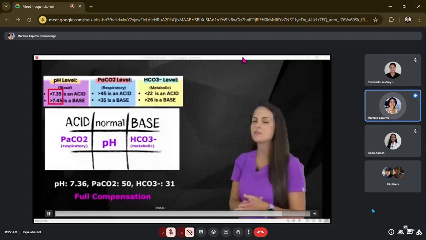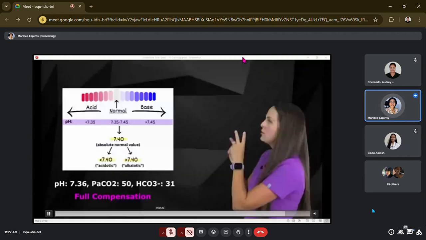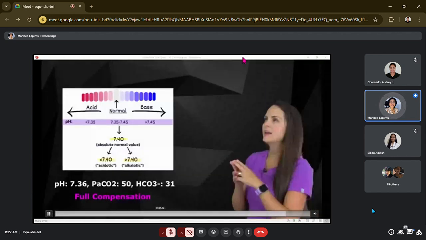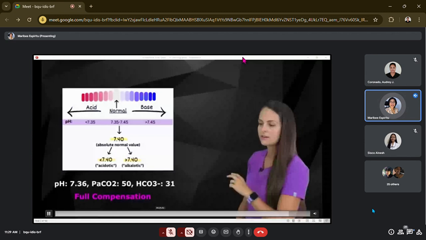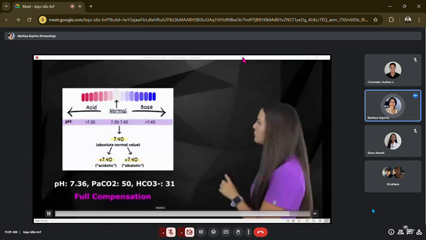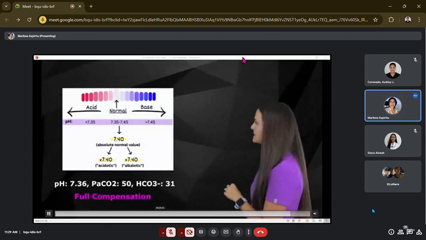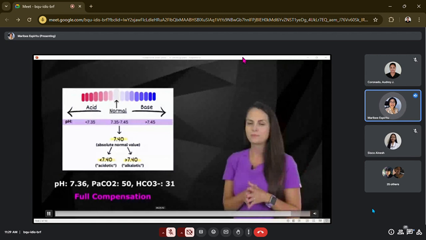So we're normal, but are we acidic normal on that blood pH, or are we alkalotic normal on that pH? And how you figure that out is anything that is less than 7.40 is considered acidotic normal, and anything greater than 7.40 is considered alkalotic normal. So here, because we're 7.36, we're on that acidic side.